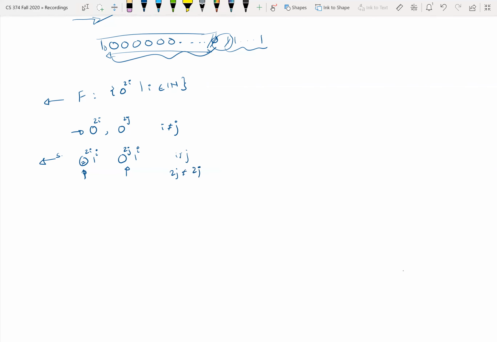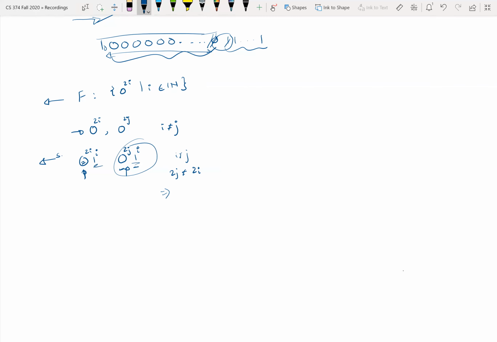Sorry, 2j is not equal to 2i. So this implies that the number of zeros is not twice the number of ones over here. So 1 raised to i becomes a distinguishing suffix.